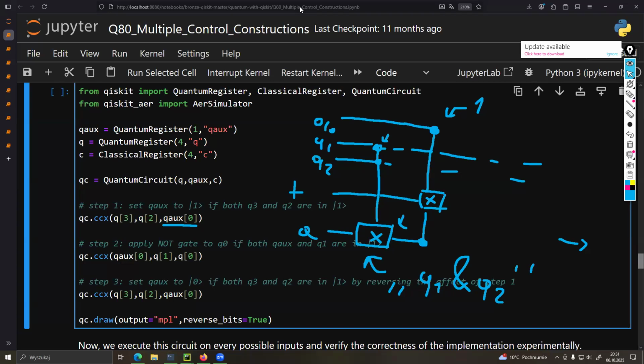But I now need even more qubits because I need some operation, like, let's say, quantum phase estimation.